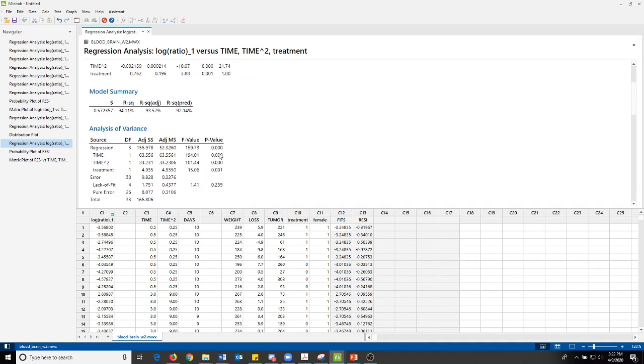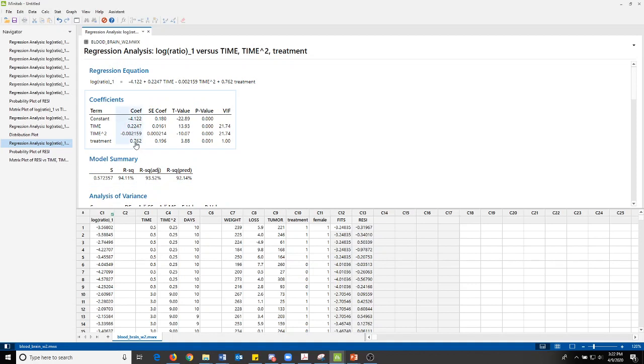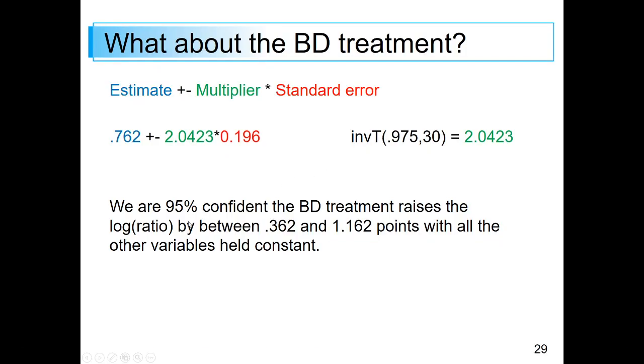We can double check that. There's my degrees of freedom is 30, there's my treatment coefficient, that's my estimate, and then there's my standard error. And so I can put that all together, and it's between 0.362 and 1.62. So it does tend to increase the response variable. Maybe I should have done a confidence interval that is just greater than 0. But nevertheless, it does appear that the treatment increases the response.